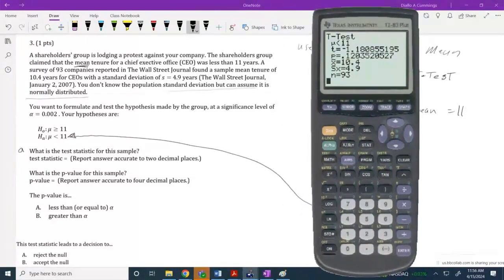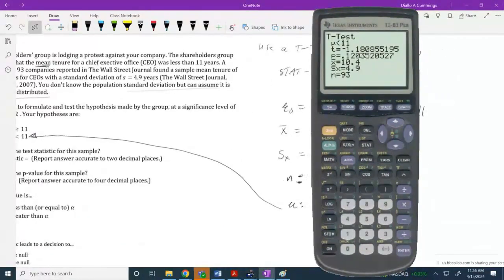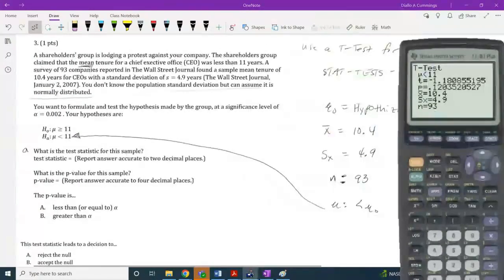The test statistic is negative 1.18. So I'm going to write that out. The test statistic T is equal to negative 1.18. All right, that's our test statistic.